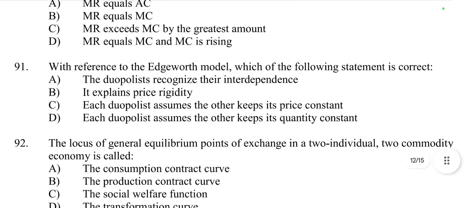Then question number 91. With reference to the Edgeworth model, which of the following statements is correct? The duopolists recognize their interdependence. It explains price rigidity. Each duopolist assumes the other keeps its price constant. Yes, in the Edgeworth duopoly model, each duopolist assumes the other keeps its price constant.